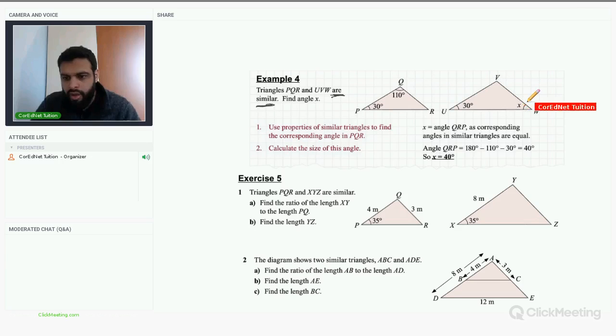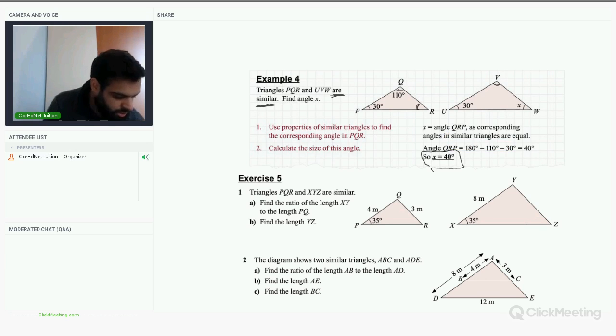What we can do is say this angle and this angle are corresponding. This one and this one are corresponding. So we're just going to take these two values away from 180. We can get that one quite easily, can't we? So that gives us 40. So we can see the angle X is likewise going to equal 40, because they are similar triangles and the values of the angles will be the same.